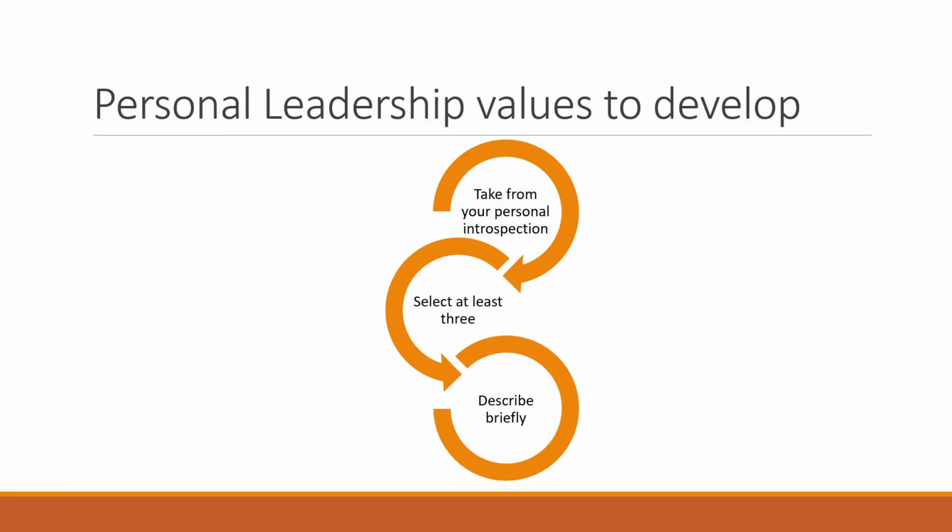Honesty, a leadership which is honest and has integrity, that is a value. But how do you translate that as a skill? So you're going to write down values and you're going to write down skills. Leadership value versus leadership skill. And the skill is the one that you are going to translate finally to a goal. You're going to select at least 3 and you're going to briefly describe them.